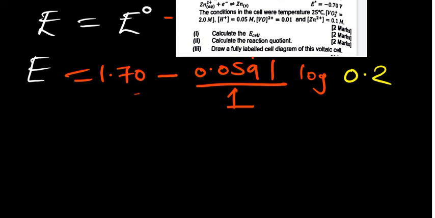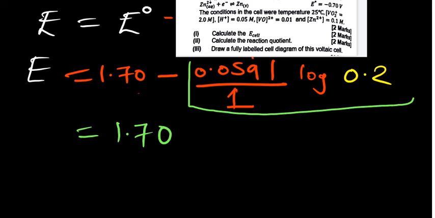So my advice is, in this case, simplify what is on this side. So 0.0591 over 2, log 0.2. The good part is we don't have anything to divide by. So whatever you get, divide by what is on the bottom, which will remain the same. So I'm having negative 0.04.